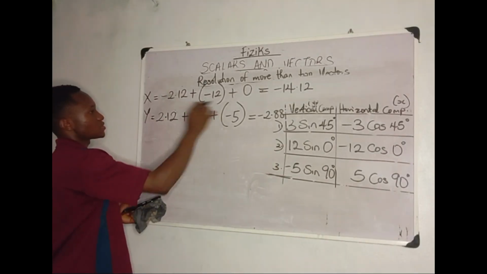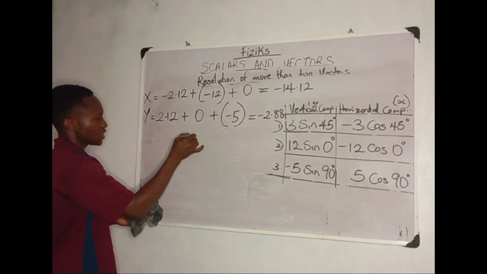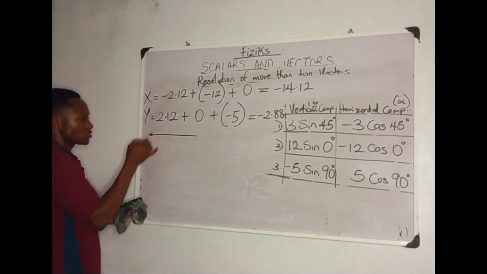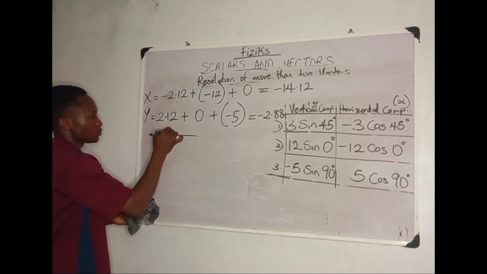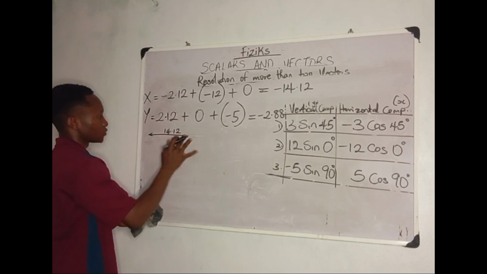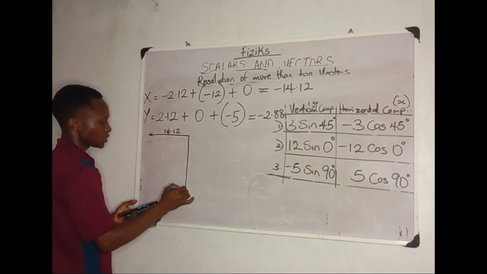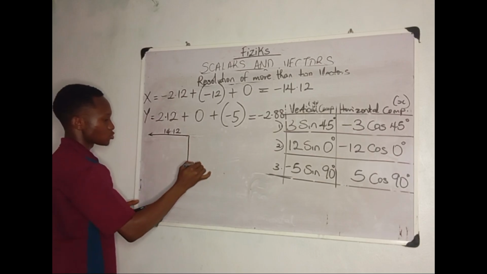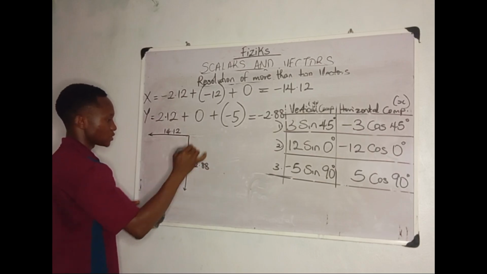Remember, the x-axis is saying negative. So negative direction for x is this direction. I'm going to put 14.12. While the other side, I have minus 2.88.